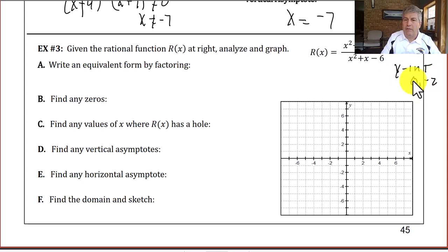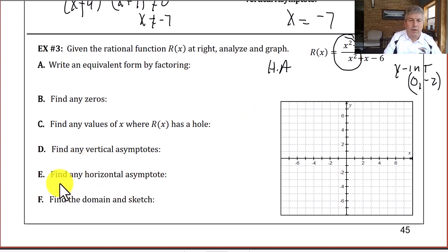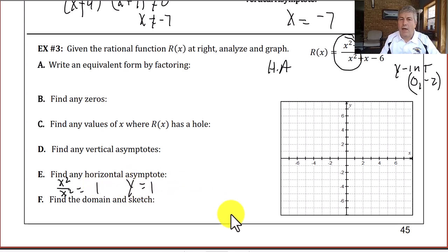So 0, negative 2 is our y-intercept, 12 over negative 6. We also have a horizontal asymptote, they might ask us that, based on the x squared over x squared. So that's the highest degree in the numerator and the denominator. That simplifies to 1. So I'll put that down here. So we have a horizontal asymptote at y equals 1.